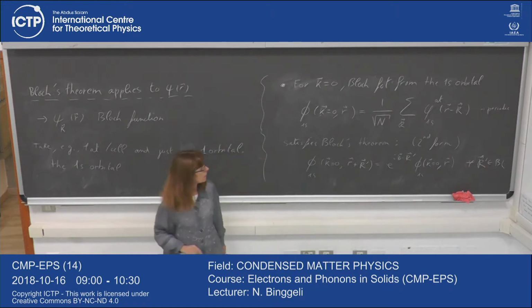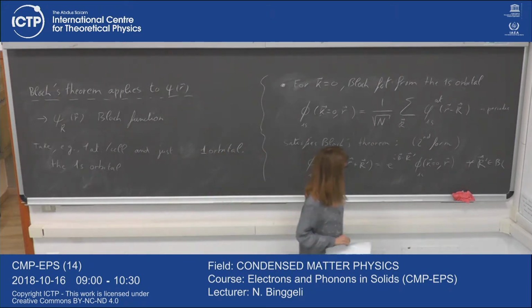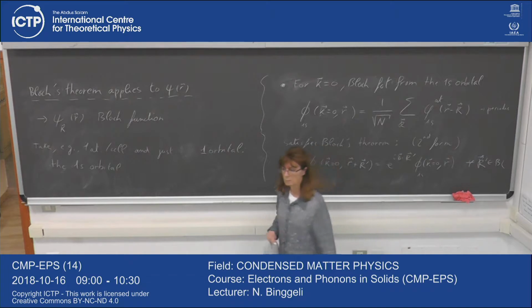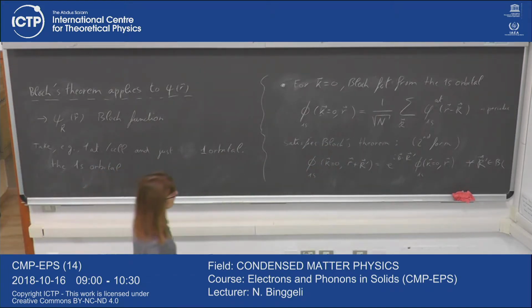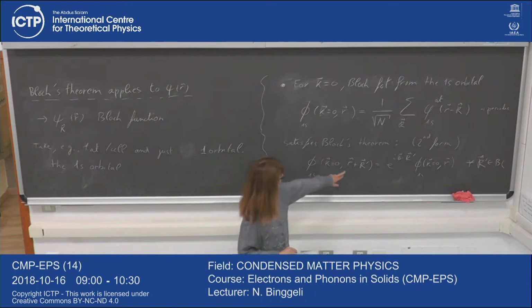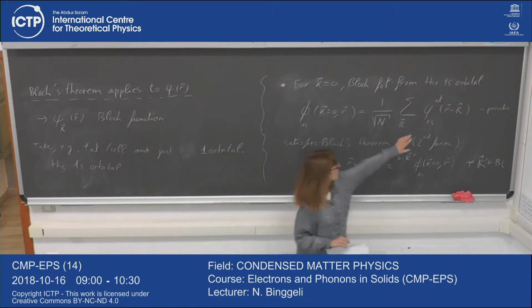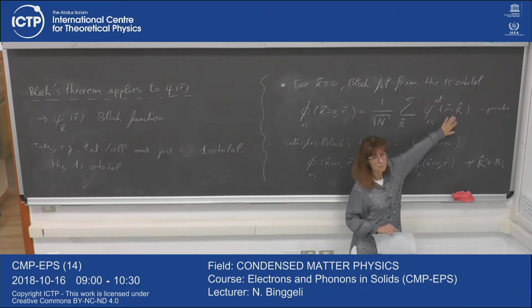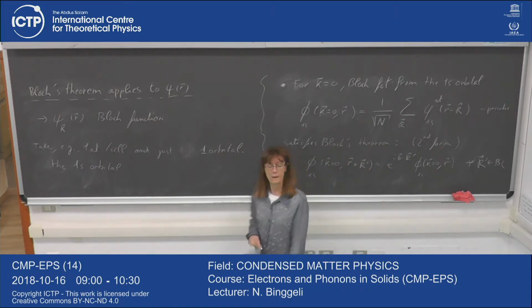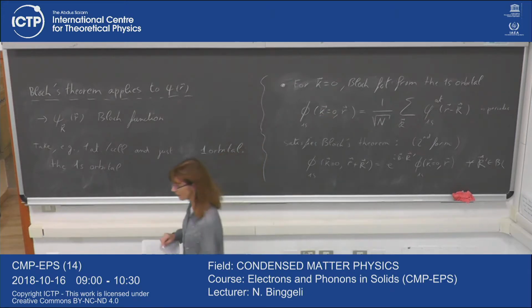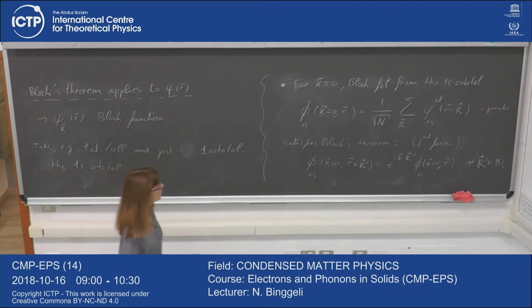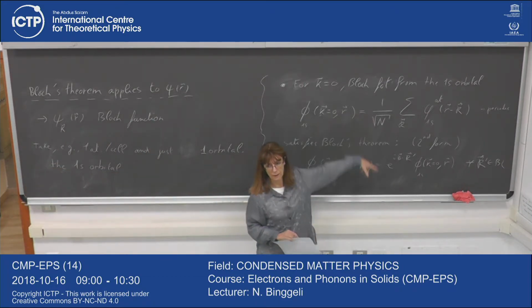So this is clear, okay? It's clear for everybody that if I add a vector R prime of the Bravais lattice here, I obtain the same function. Okay, all right. So our Bloch state at k equal to 0, we know how to construct it.